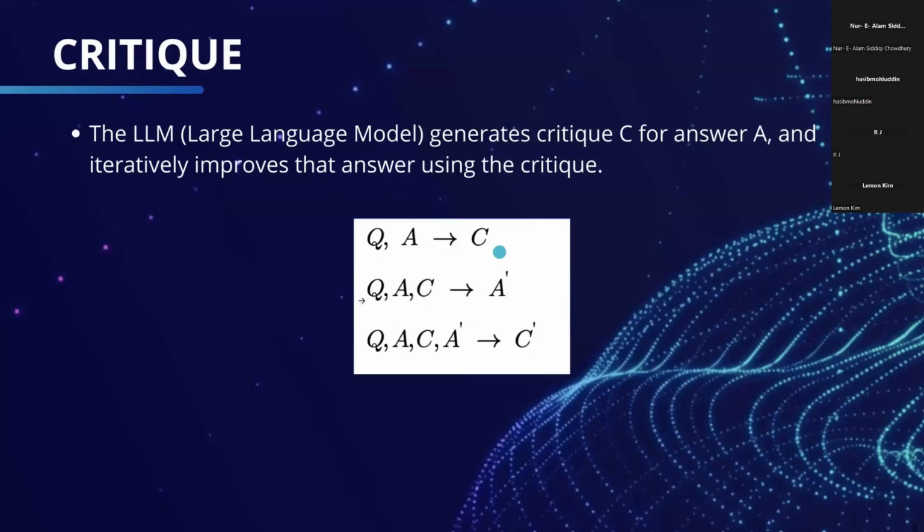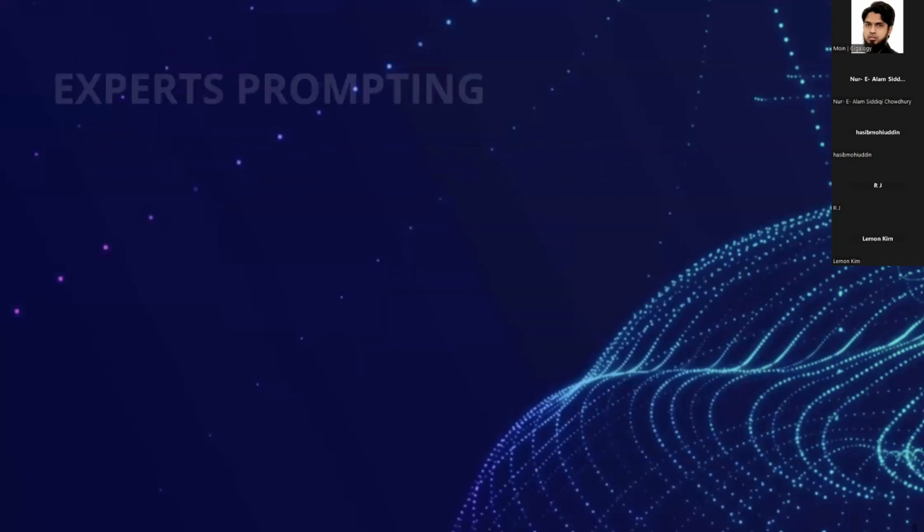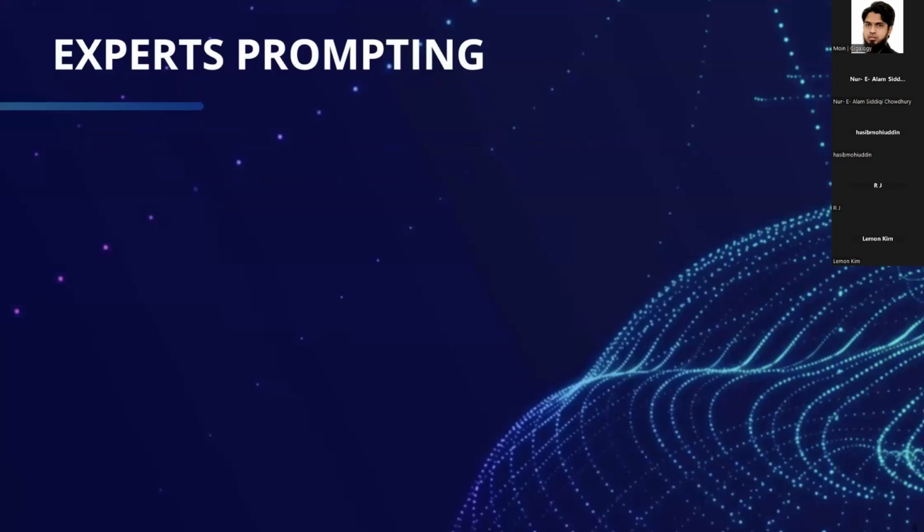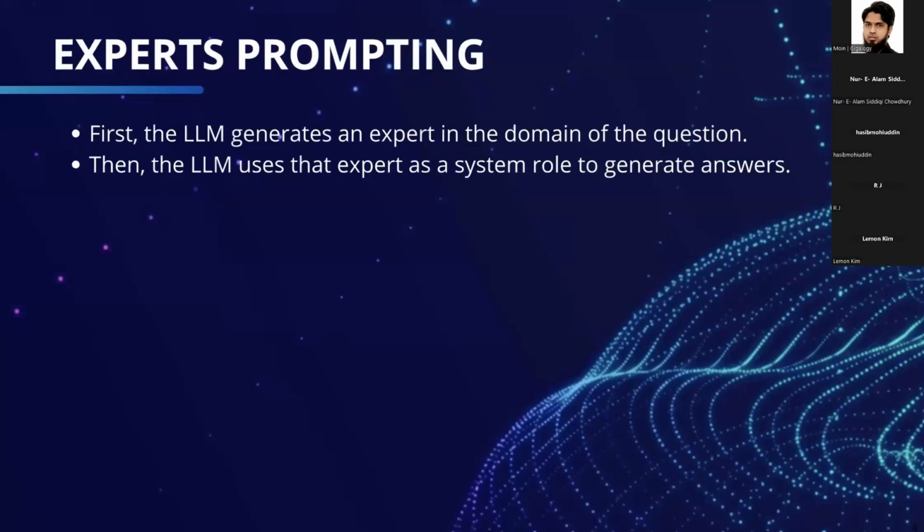And then with this critic, you generate another answer. And then this process continues until you find an answer that you are happy with. Obviously, we can do this dynamically. That's the whole point. This is a relatively new way of doing things. I have recently come across it.